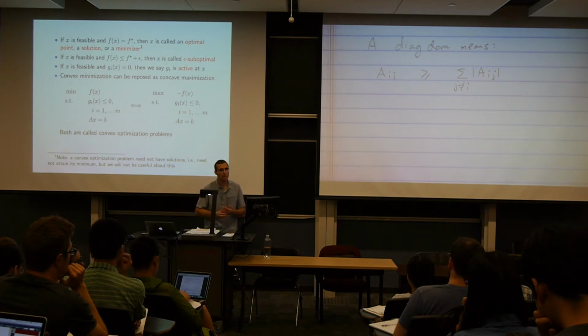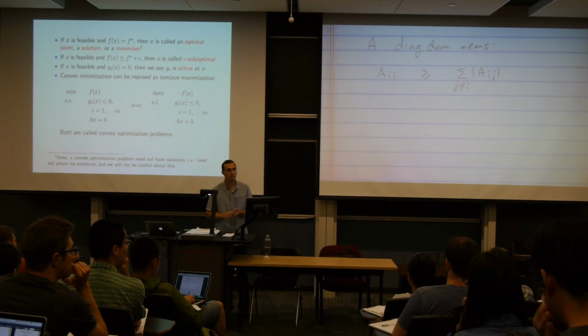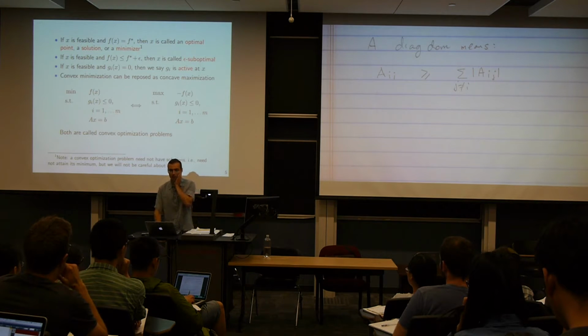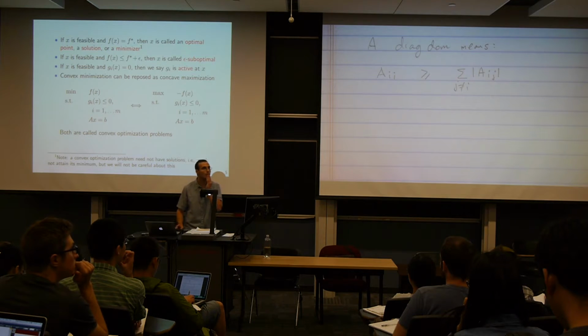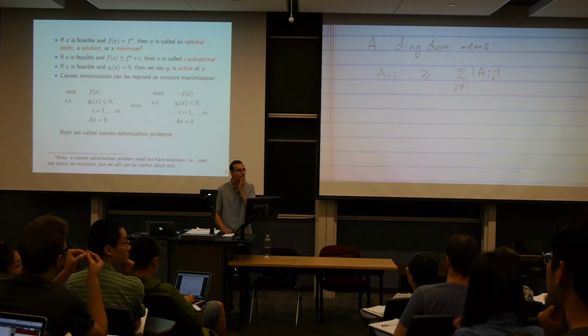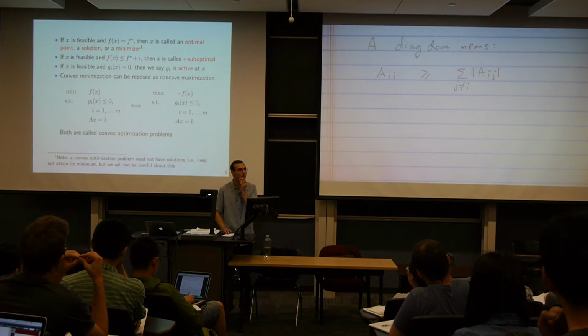Can you give an example of a problem like this? I'm just trying to understand what kind of constraints, give an example of a constraint. Well, we'll see lots in the lecture, so you'll get to satisfy your curiosity. Why are you saying Ax equals b is separate from gi of x less than or equal to 0? Because you can say Ax is greater than b and Ax is smaller than b. Right.